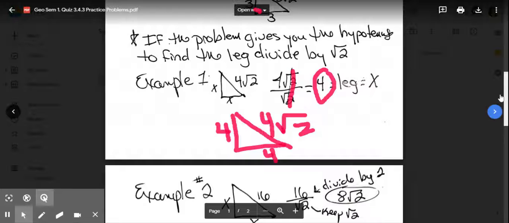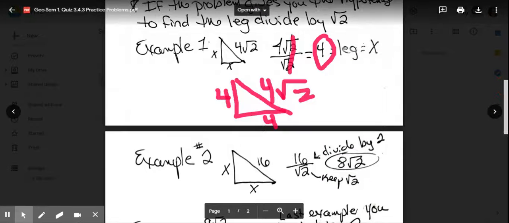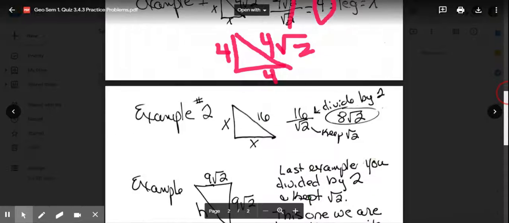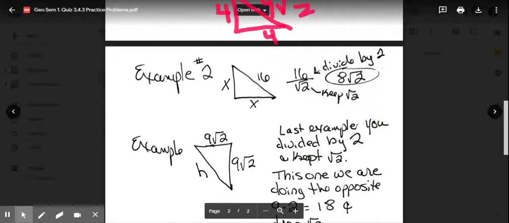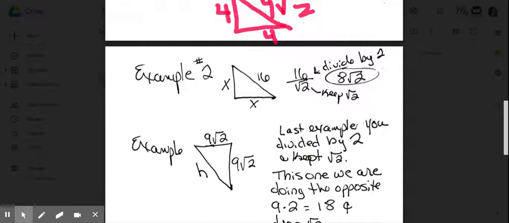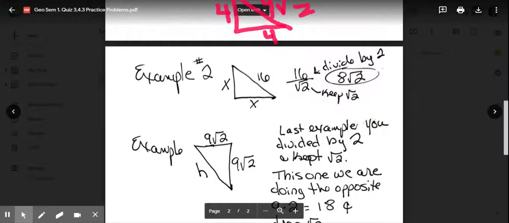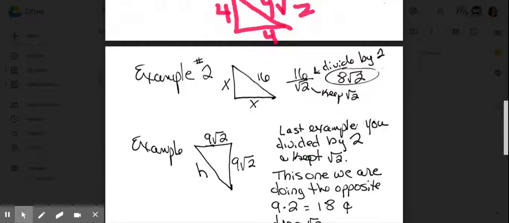Now, that's when it's pretty easy, when it gives us our hypotenuse with the square root of 2. Now, sometimes it gives you your hypotenuse as a whole number like it does here. This time, it just gives us 16. When it does that, you're still going to take your hypotenuse and divide it by the square root of 2.